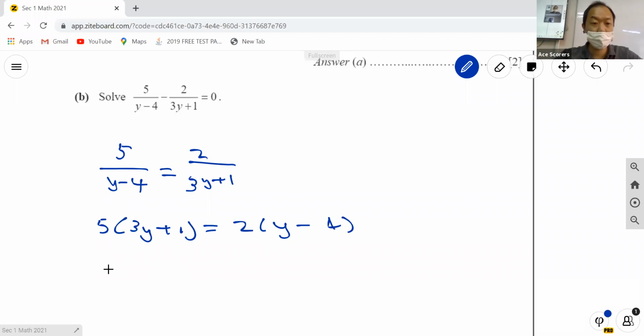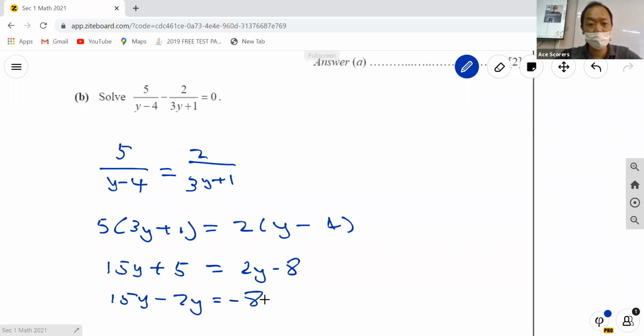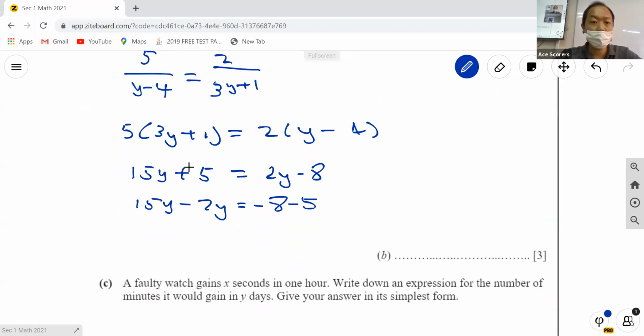Then we rainbow it: 15y plus 5 equals 2y minus 8. Then you rearrange the y: 15y take away 2y equals minus 8 minus 5. So 15y minus 2y is 13y equals negative 13. So y equals negative 13 divided by 13, so the answer is negative 1. Y equals negative 1.